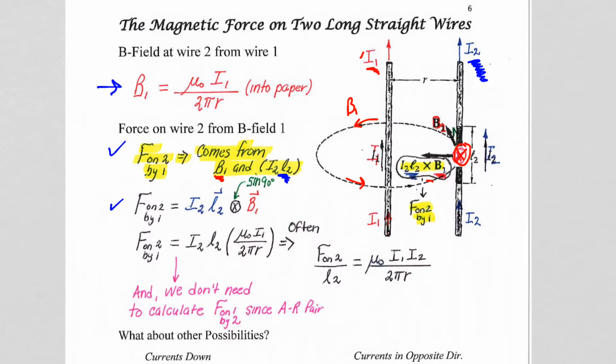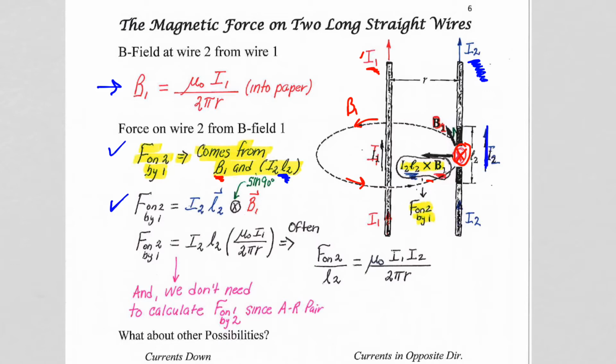So the force on wire 2 is I2 L2 cross B1.